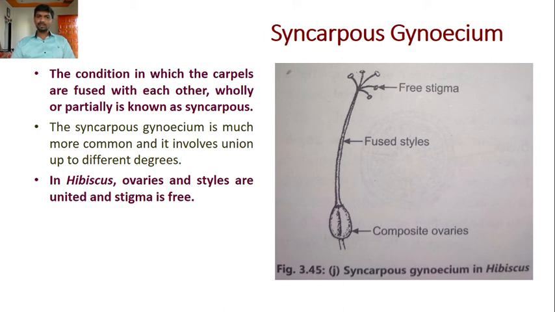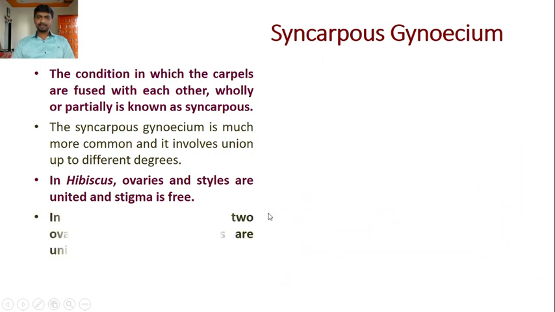In hibiscus, ovaries and style are united and the stigma is free. Here we can see the ovary, the style and the stigma. The stigma is free, producing stigmatic lobes, while ovary and style are united.